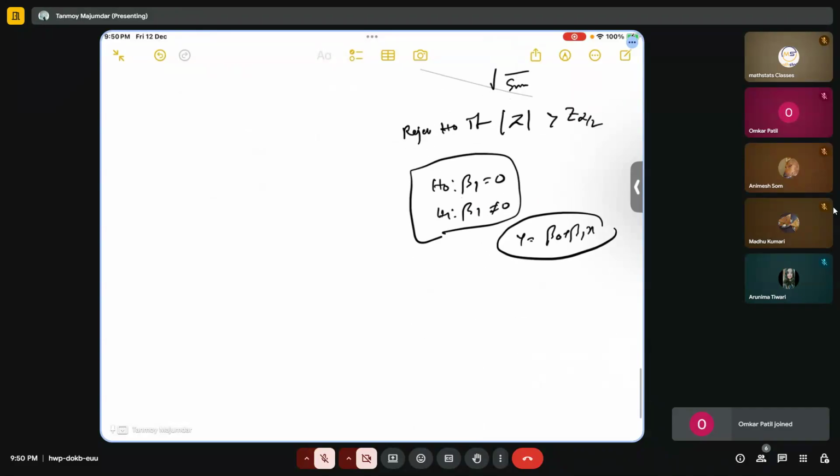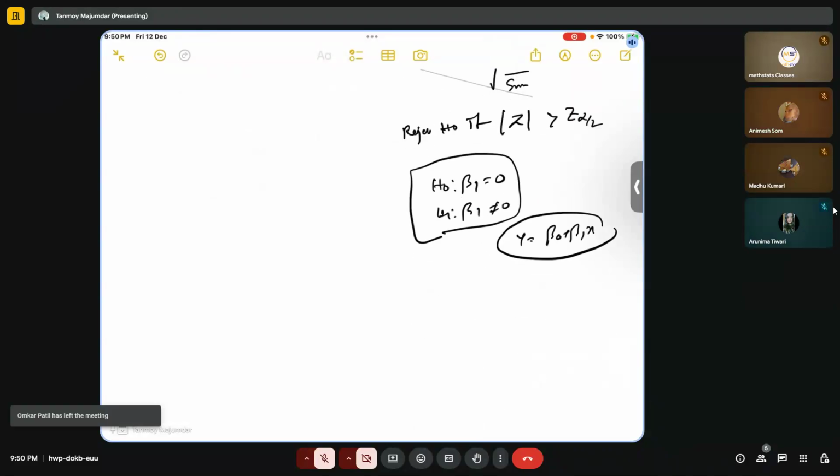Okay, so obviously we can find the confidence interval using our mean and variance term.